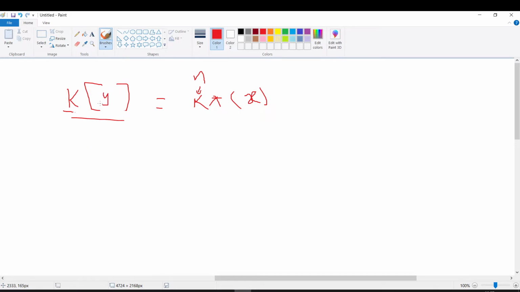But let's try. Let's say this is y or something, so we can write y as something like x plus some other number. This one will be like xk plus kz.